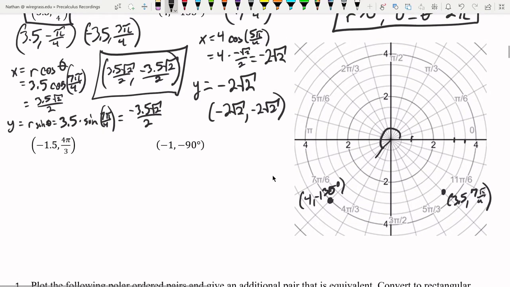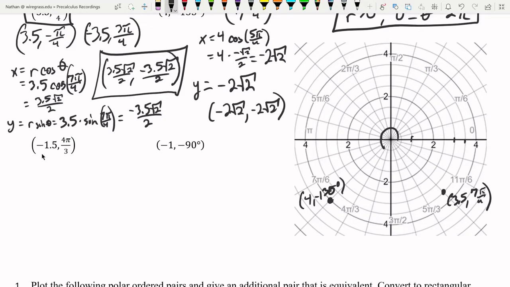Okay, let's look at the next one. Next one is negative 1.5, 4 pi over 3. So we have a negative radius. So let's find the angle first, 4 pi over 3. That's going to be, 3 pi over 3 is 180 degrees. 4 pi over 3 is going to be, oh, it's right here. It's actually written right there. So we know it's going to be this angle.